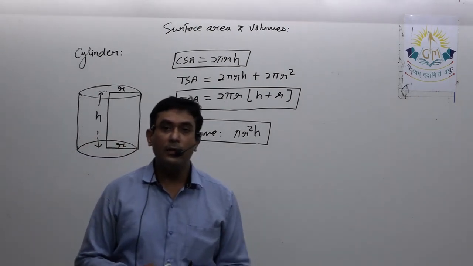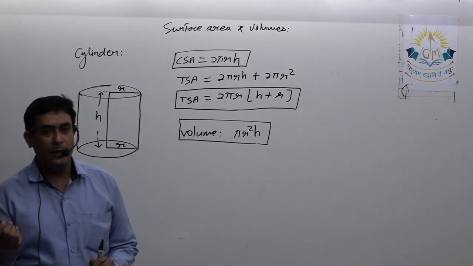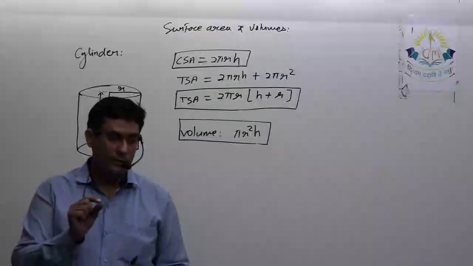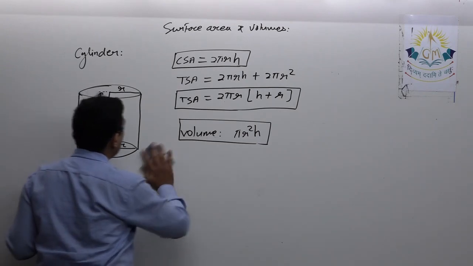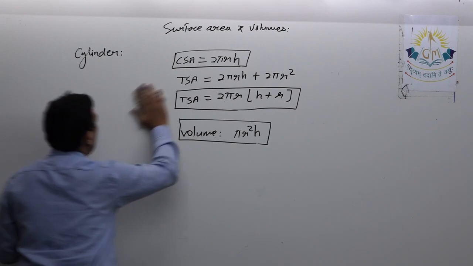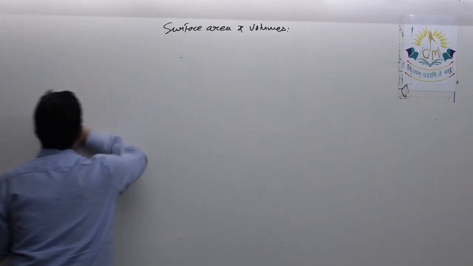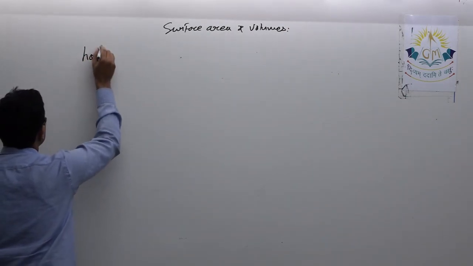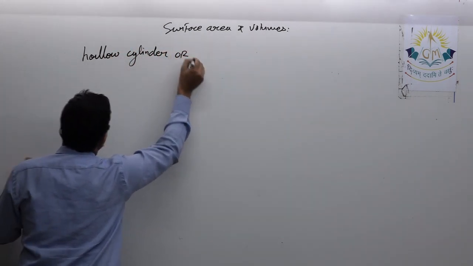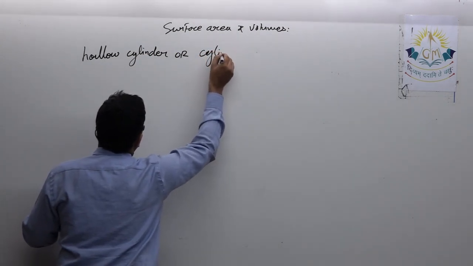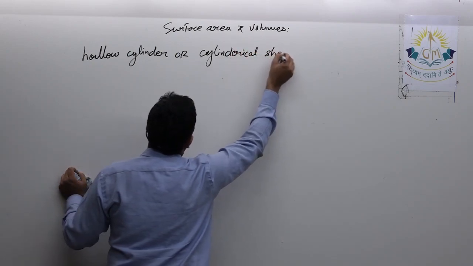Now next we'll see volume of a hollow cylinder. That means suppose we have a pipe, and in that case we have to find the volume of the material used to form that pipe. Then how to find the volume of that material? For that we'll have formula of hollow cylinder or cylindrical shell. So next is hollow cylinder or cylindrical shell, it is the same thing.